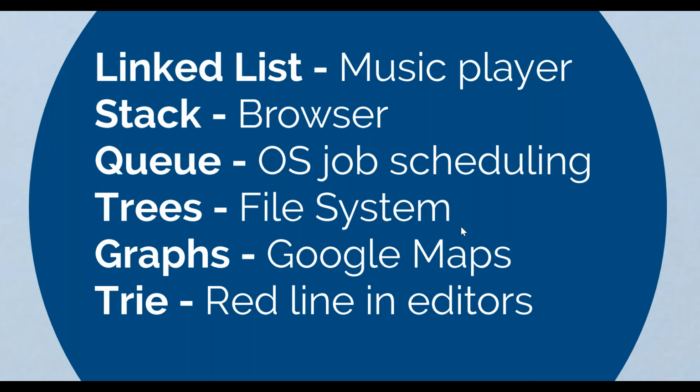So let's say we try to write something in Word or anywhere, Notepad plus plus. There will be a red line coming under any spelling we write. It's because the spelling that you have written is wrong. But how does the editor know that the spelling is wrong? It may be some weird software that it has, but the thing is, guys, it is using a trie data structure internally. So guys, you are already using data structures.